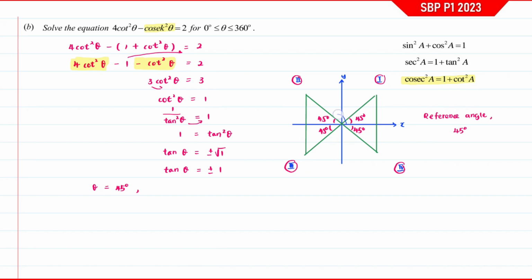And for the angle in the second quadrant, it will be 180 degree minus 45 degree, which is 135 degree. And for the angle in the third quadrant, it will be 180 degree plus 45 degree, which is equal to 225 degree. And for the angle in the fourth quadrant, it will be 360 degree minus 45 degree, which is 315 degree.